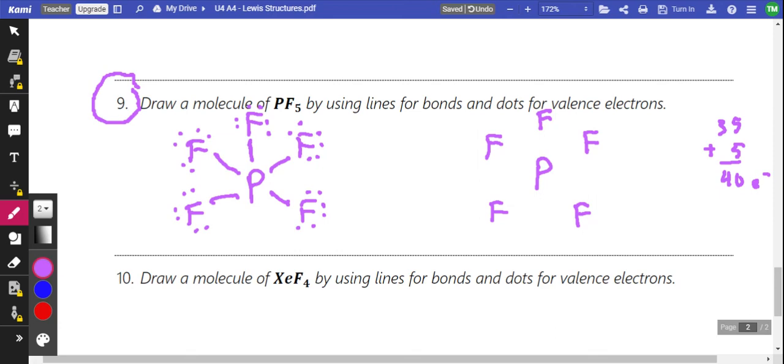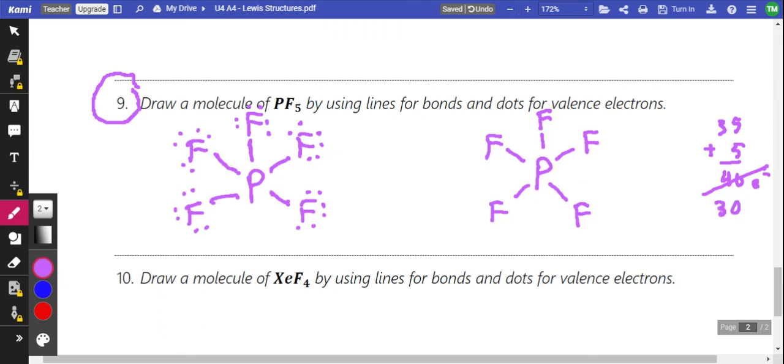Well, I know everything has to be bonded together, so let's make our bonds first. 1, 2, 3, 4, 5. I've made 5 covalent bonds to get everything to stick together. This is the bare minimum of what the molecule needs. Since each bond is a pair of electrons, I've now spent 10 electrons. I'm down to 30.